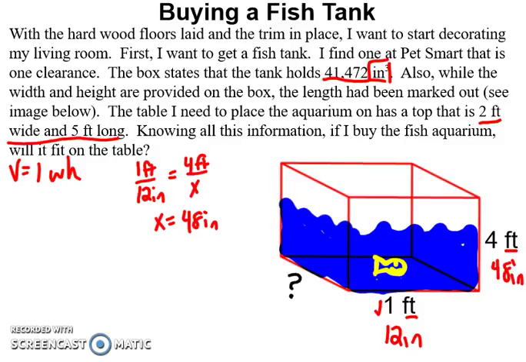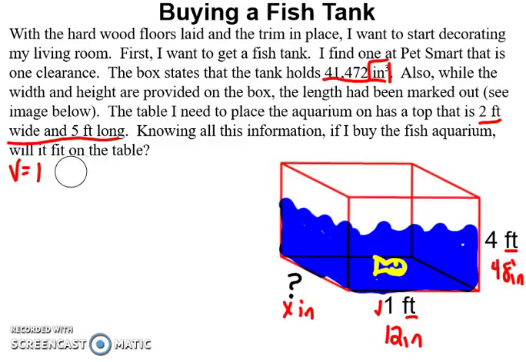So when I think about my length, width, and height, I can now use my cubic inches for my volume, and I can use the 12 inches and the 48 inches for my length and width, and what that will give me is X inches for my length. I'm going to erase the conversion here so that I've got a little more space, because it's going to get replaced with that specific formula.